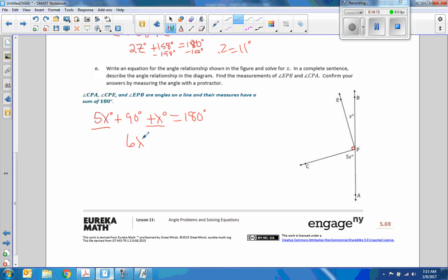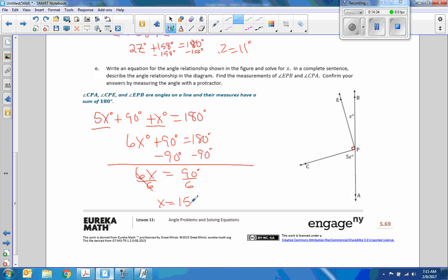5x and x are like terms, they add up to 6x. Bring my constant down, and we get 6x plus 90 equals 180. Subtract 90 degrees from both sides, and I get 6x equals 90 degrees. Divide by 6, and I get x equals 15.